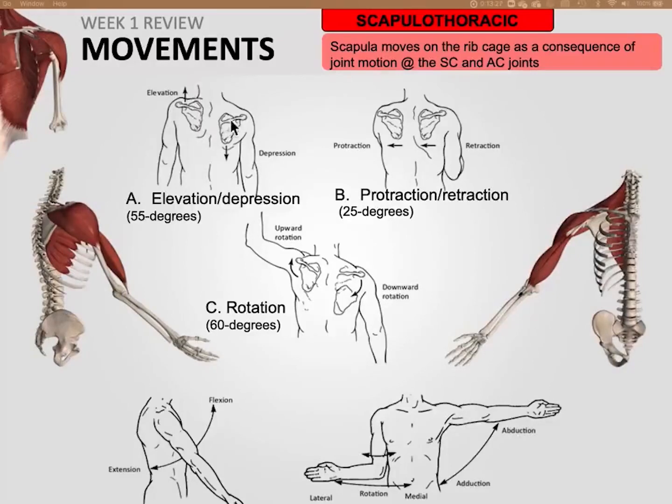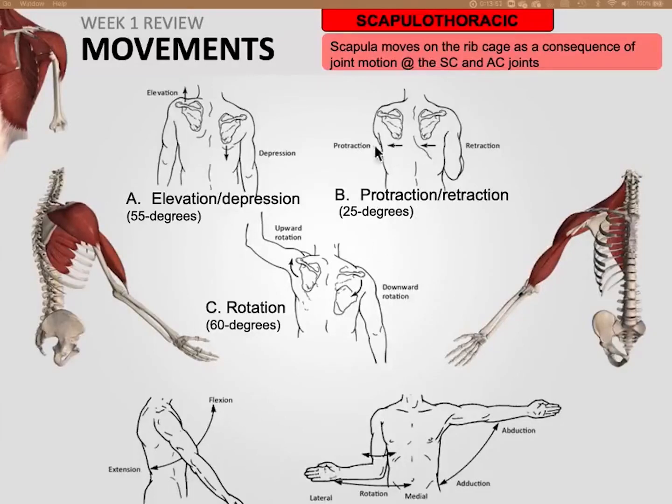And then we're also going to have depression, so the movement down or inferior. An example of this is if you shrug your shoulders. If you shrug your shoulders, bringing them up towards your head, this is going to be elevation. If you slump them back down, this is then going to be depression. And our range of movement is approximately 55 degrees.